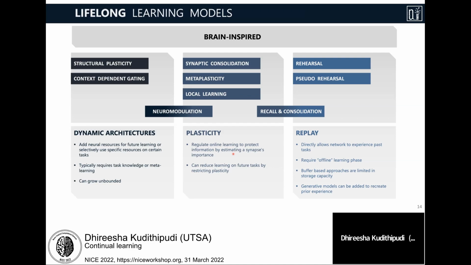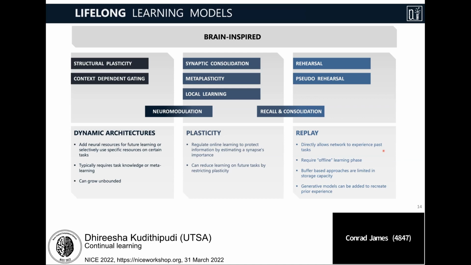And the third group of mechanisms fall under replay. So the idea here is that the network or the model experiences what it has learned in the past during an offline learning phase. You either replay these past experiences in different forms. Either you could use pseudo rehearsal or rehearsal of the full task, which is not very efficient.